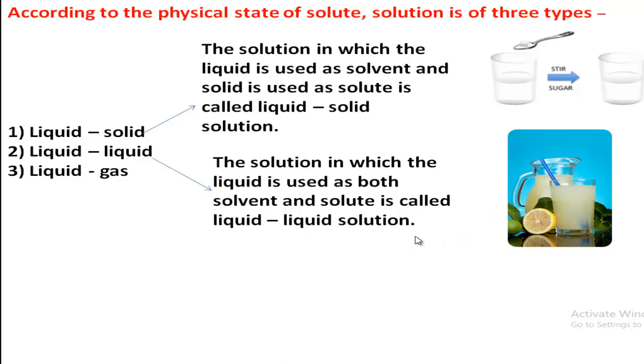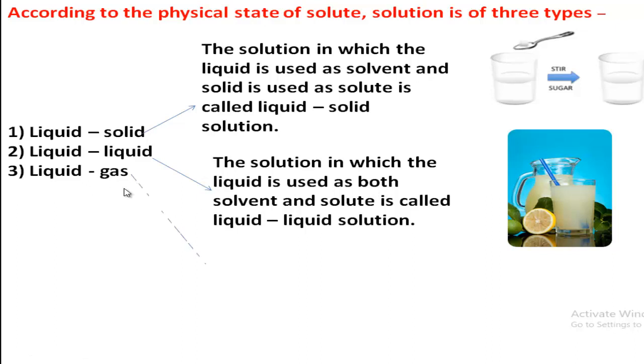Also you have seen, after washing the cloth, your mother uses liquid blue for white clothes. When they use liquid blue dropwise in water, a solution of liquid blue and water is prepared. That solution you can say is also an example of liquid liquid solution.